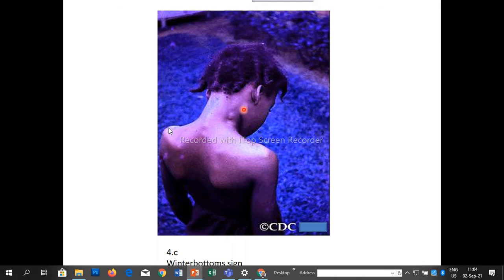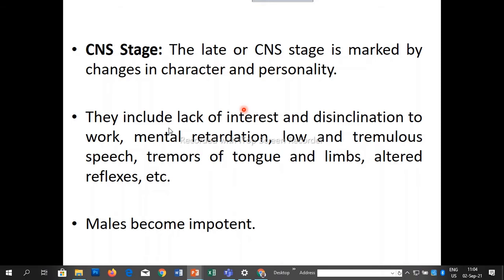Central nervous system stage now, the latter is marked by change in character and personality. They include lack of interest and disinclination to work. You don't feel comfortable to work.